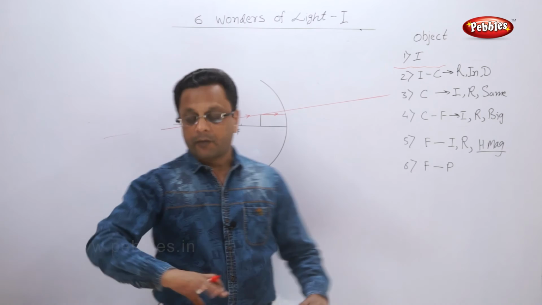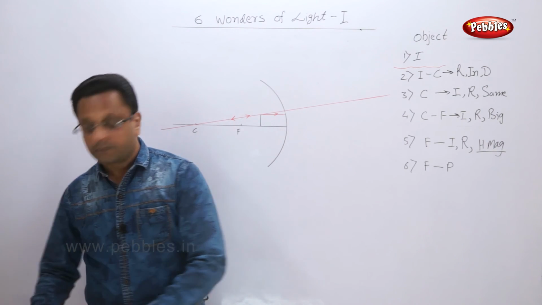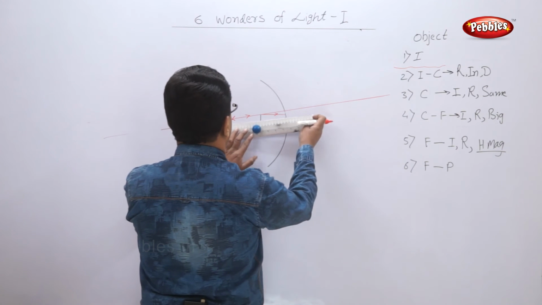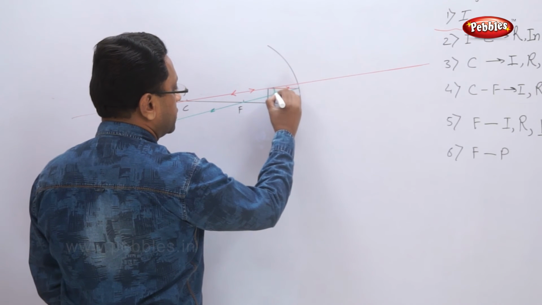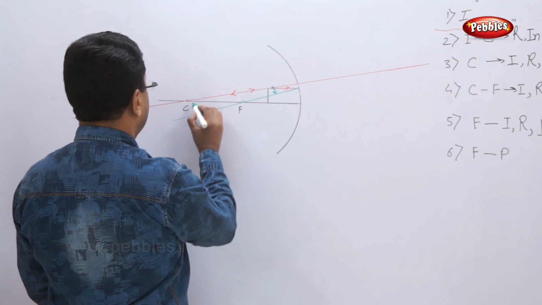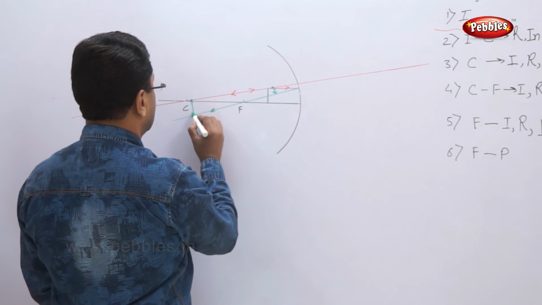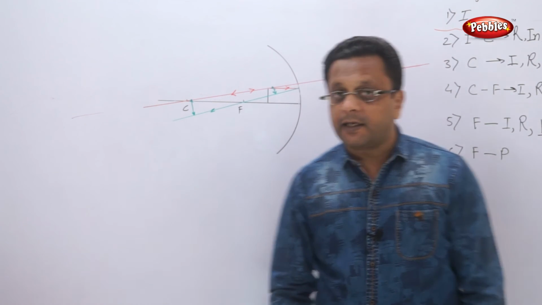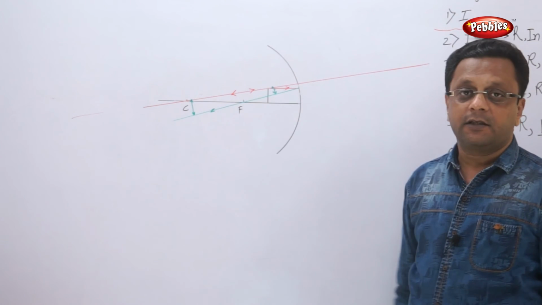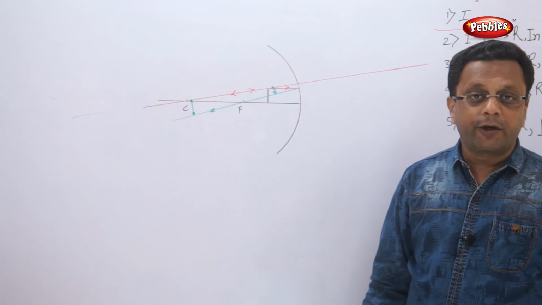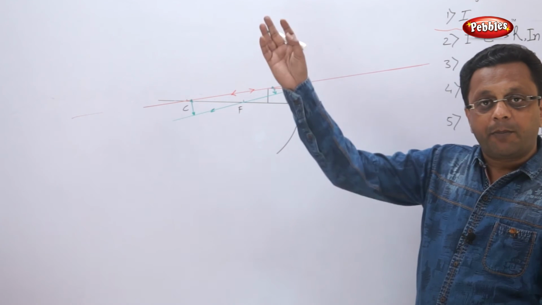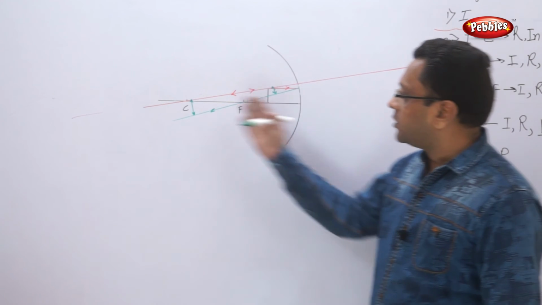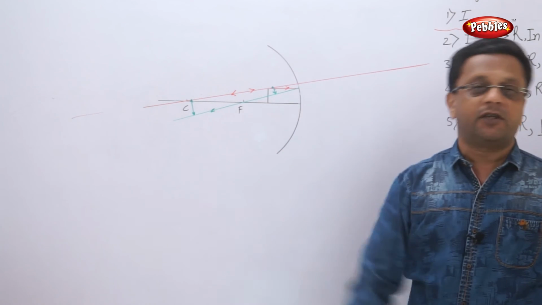Now let us draw the ray, this ray will pass through F. See this distance and see this distance. What can you say? These reflecting rays are not going to meet because they are going apart, they are diverging. Okay? So on the same side here you will never get an image.